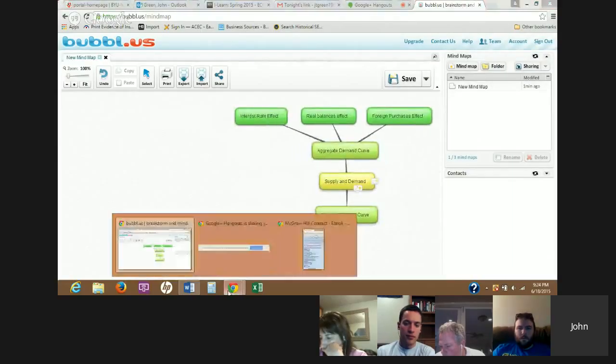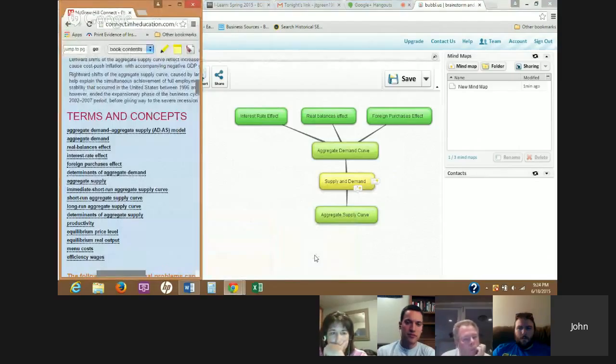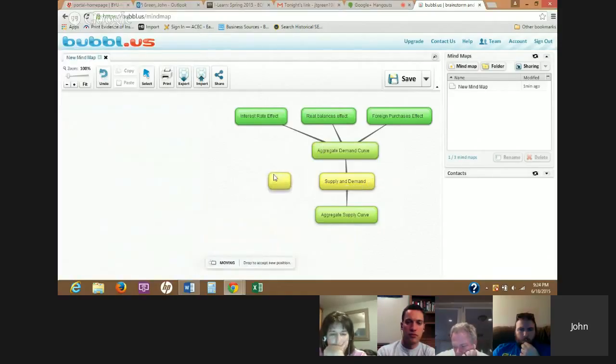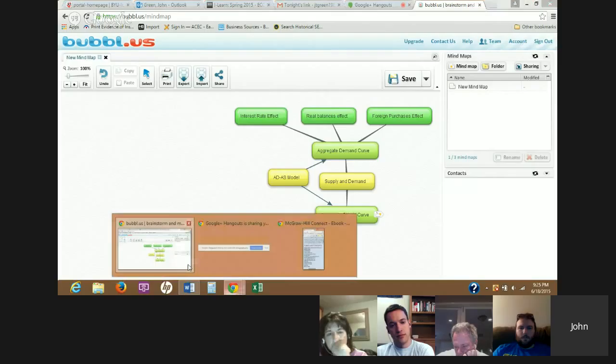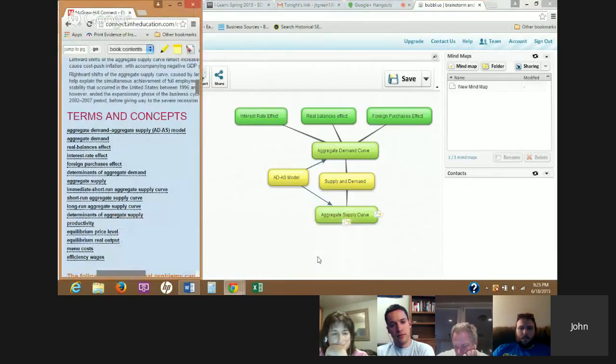Cool. So what if we did this? I feel like there's so much that can go attached to aggregate demand, like investment spending, government spending, consumer spending.